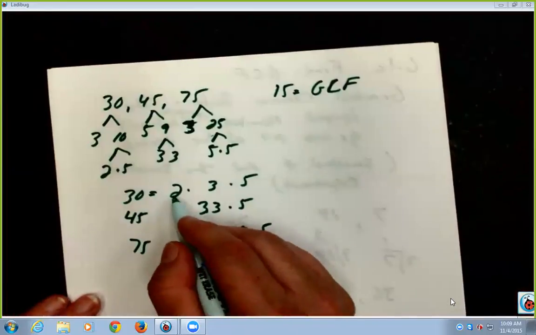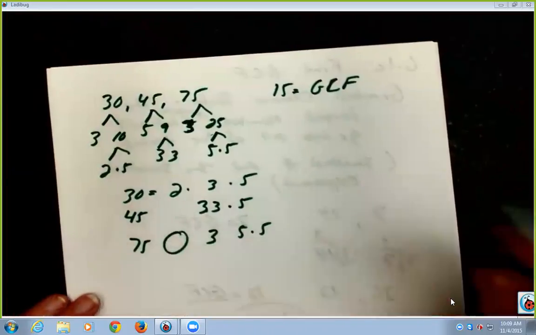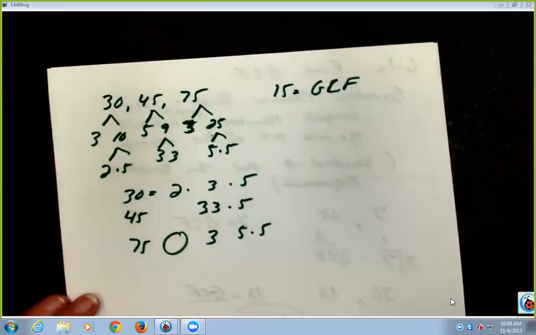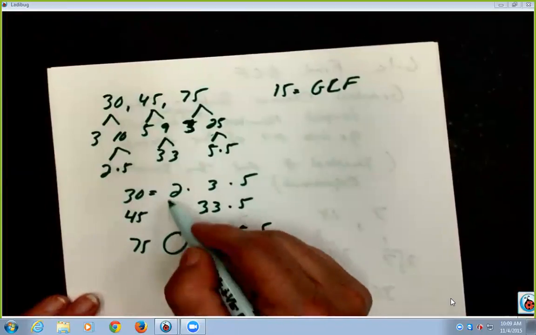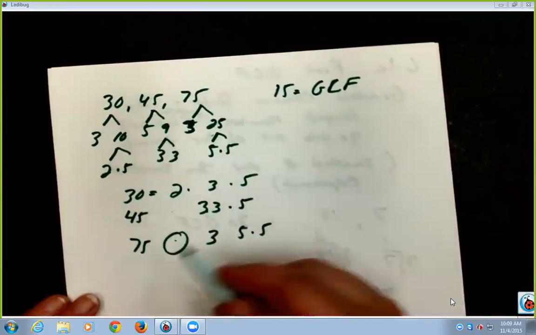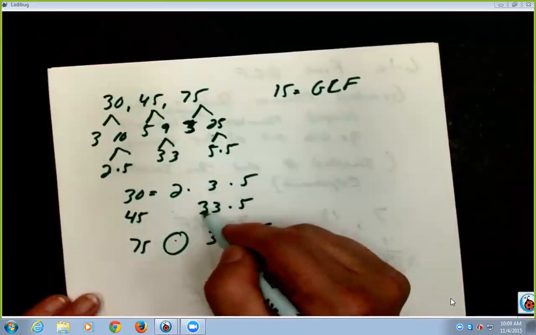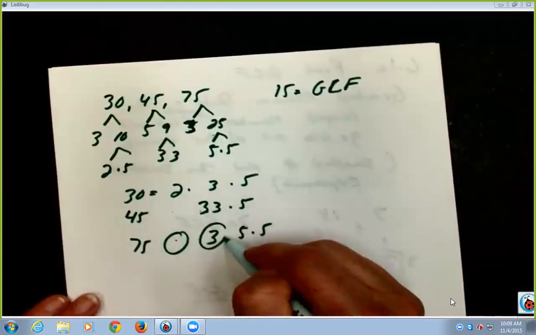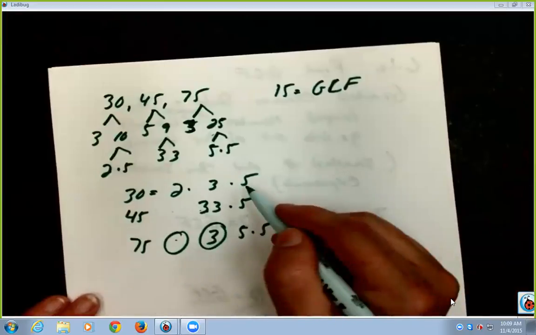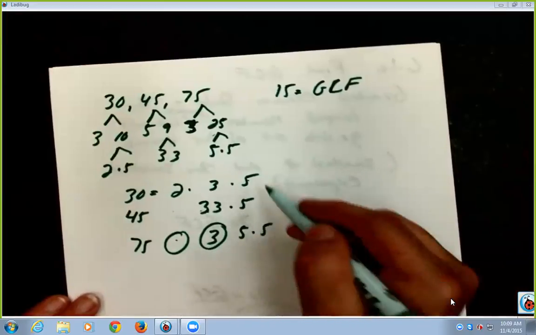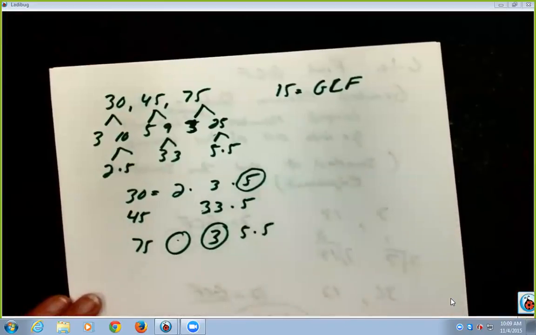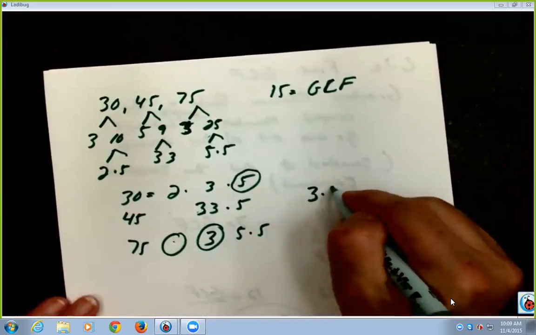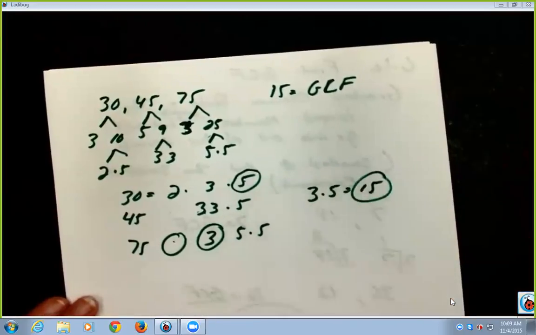So the smallest group of 2's is no 2's. Again, looking at my columns, 2's, no 2's, and no 2's, so I need no 2's. 3, 2 3's, 1 3. I can get by with 1 3. 1 5, 1 5, 2 5's. The smallest group of 5's is a 5. So 3 times 5 is 15.